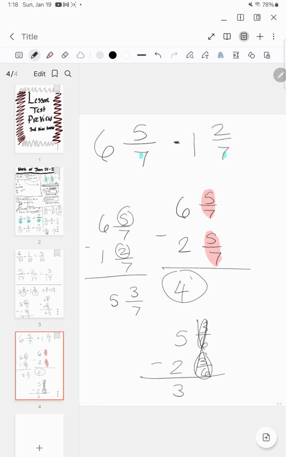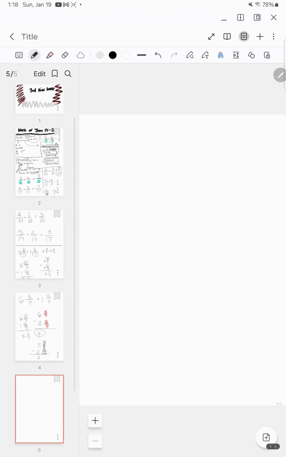Now, you also might see another situation where you might get a whole number of 3, and let's say 3 9/10 minus 3 and 4/10. Now, in this case, we see 3 minus 3.